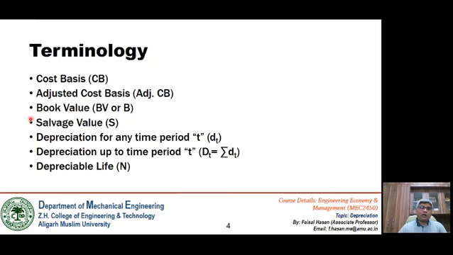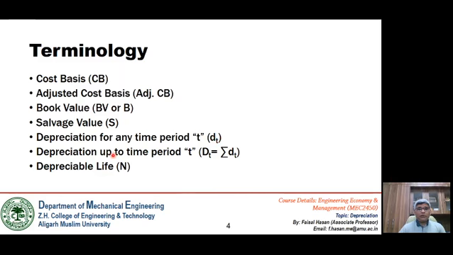Whenever we are selling out any equipment, the price that will be fetched from the market will be known as its salvage value. It may be sold off at the end of its economic life, or at the end of its depreciable life. Depreciation for any time period t, in the coming slides, will be denoted by small d with suffix t.